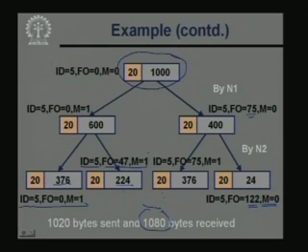So, there are 60 bytes of overhead in this fragmentation process. So, IP uses fragmentation fine, but this also includes additional overhead in terms of the additional header information it carries. Okay. So, this finishes our discussion on IP fragmentation.